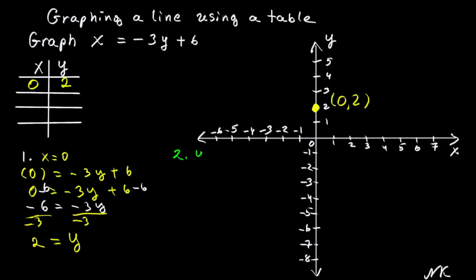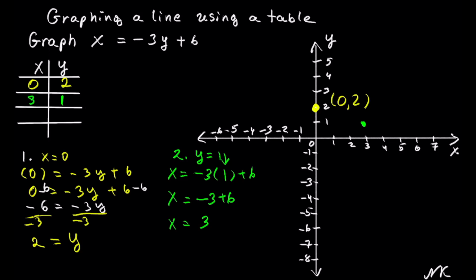I can choose y equals 1 to plug into the equation, and we will have x equals -3 times y plus 6, and instead of y we will substitute 1, so x is equal to -3 times 1, which is -3, plus 6, and we get x is equal to 3. So when y is 1, x is 3.